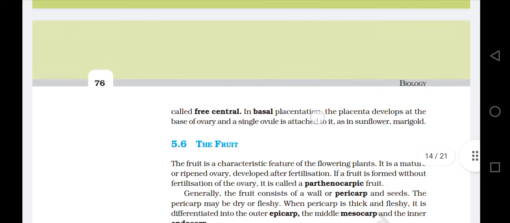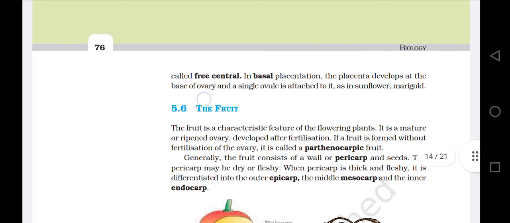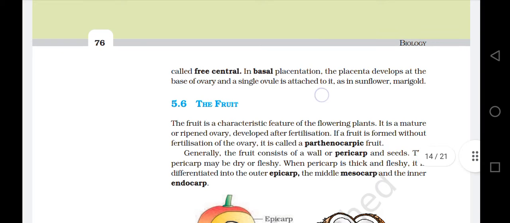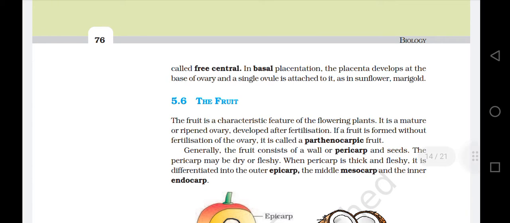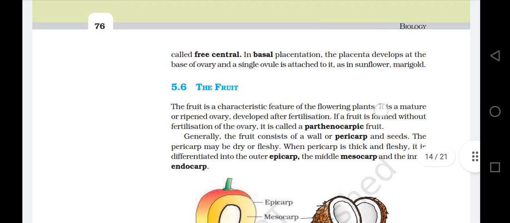In basal placentation, the placenta develops at the base of the ovary and a single ovule is attached to it, as in sunflower and marigold. 5.6 The fruit. The fruit is a characteristic feature of the flowering plants.